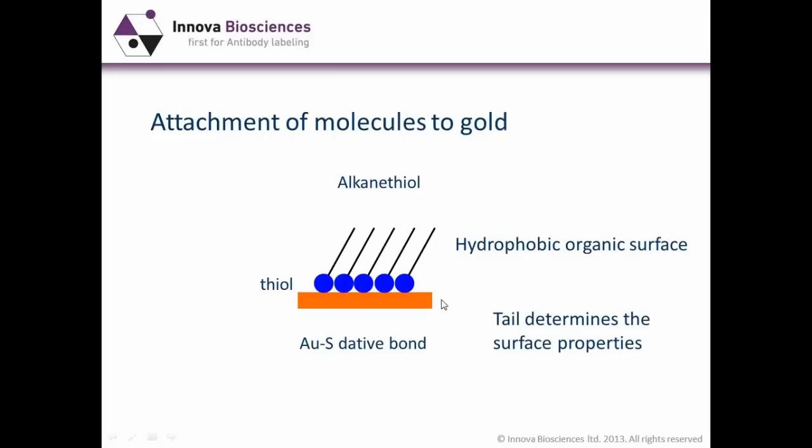So instead of a metal surface, you switch to an organic surface by this process of self-assembly. So the tail determines the surface properties, and if you have a polar tail, you'll have a polar surface, and so on.